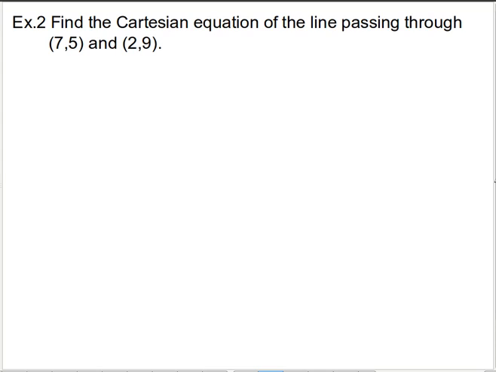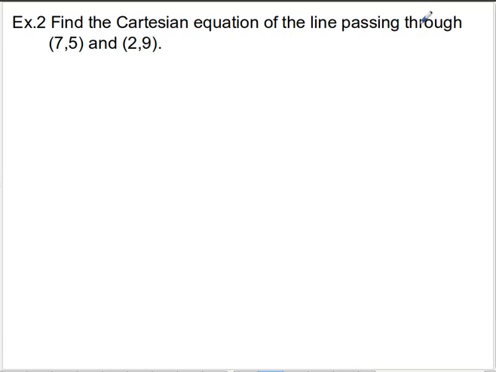So find the Cartesian equation of the line passing through, so I've given you another one. And so we could, of course, use the same method that we've done before.